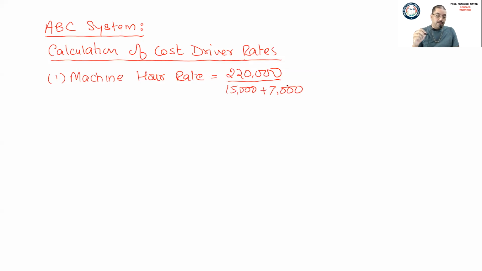Total 22,000. So it is 2,20,000 divided by 22,000. So rate per hour is 10 rupees. Machine hour rate is 10 rupees.